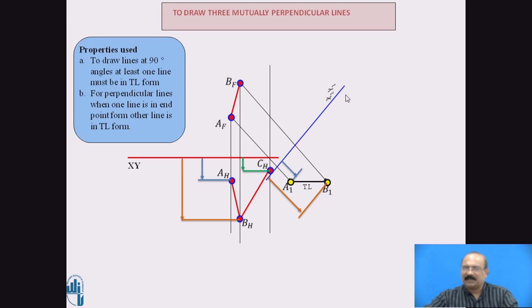This is the parallel line you have drawn to the new x1 y1 line. It means the point C will come somewhere on this particular line. We have not yet located the position of C. We have only located the line parallel to the x1 y1 line.